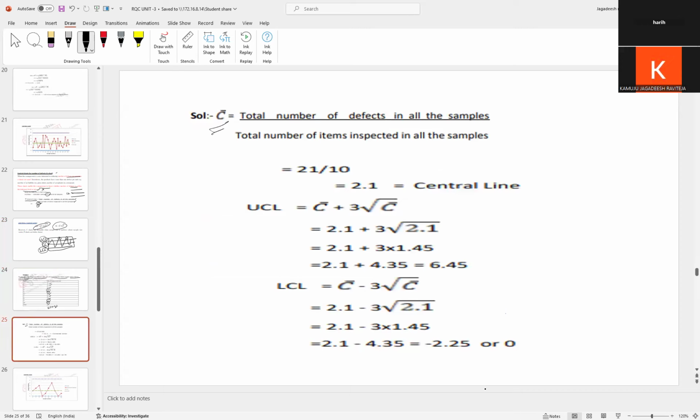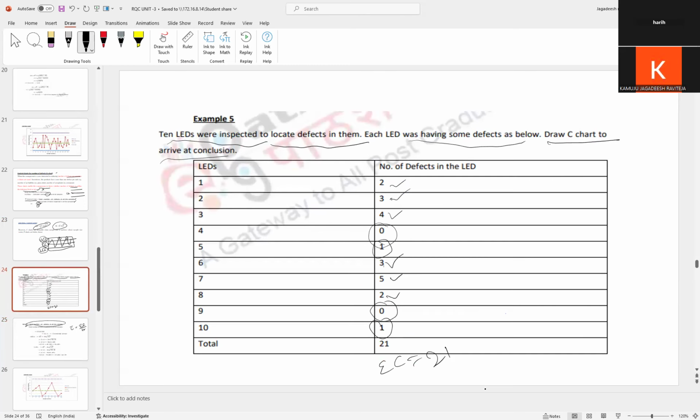So first, we have to find the sigma C value. We have calculated the total number of defectives, that is 21. So therefore, what is the C bar value? C bar is equal to sigma C divided by total number of samples. How many samples are inspected? How many LEDs are inspected? 10 LEDs.